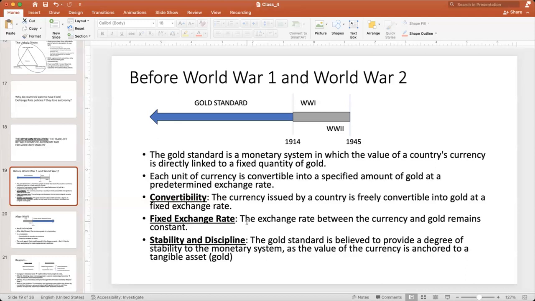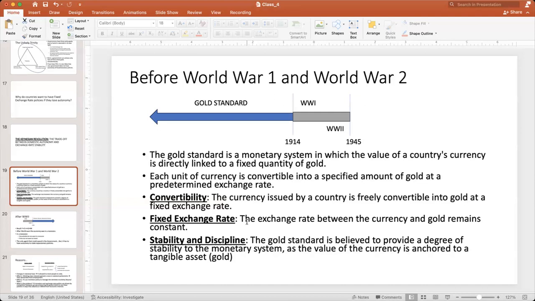And the best way to give that paper security is based on gold. So that's why before World War I and World War II, there was a gold standard. The gold standard had three main features. The first one is convertibility.